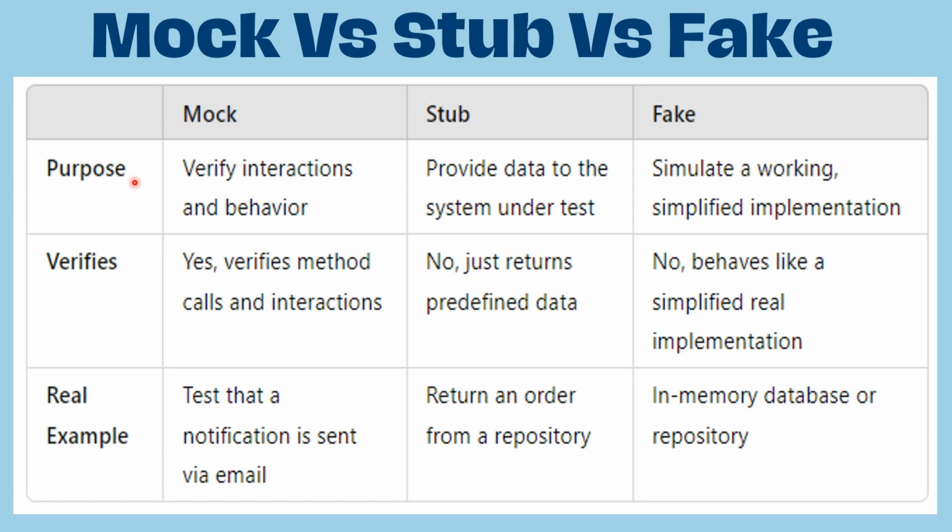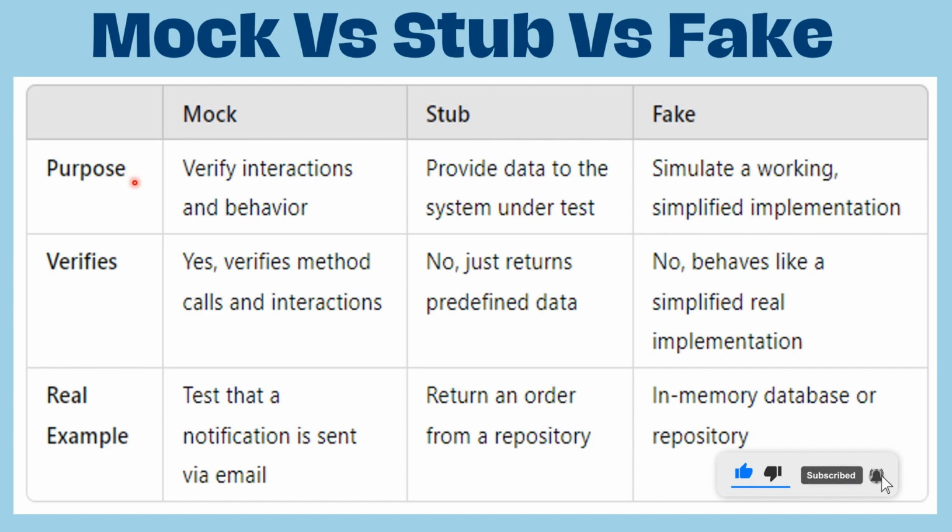What does it verify? Mock verifies method calls and the interaction. Stub does not verify, it just returns the predefined data that we set up. Fake does not verify anything. It just replaces an external system and behaves like that particular system.